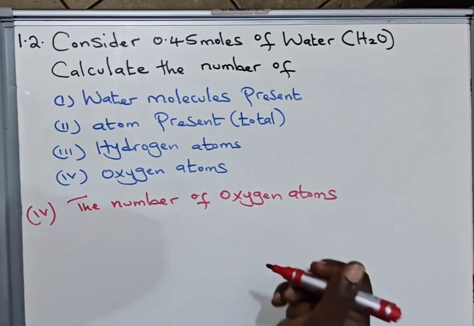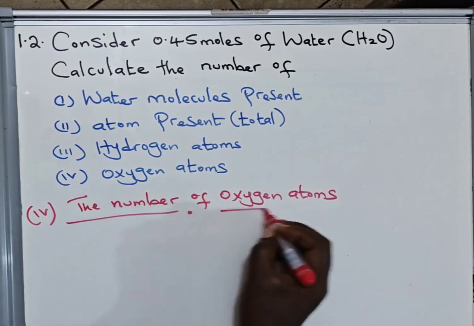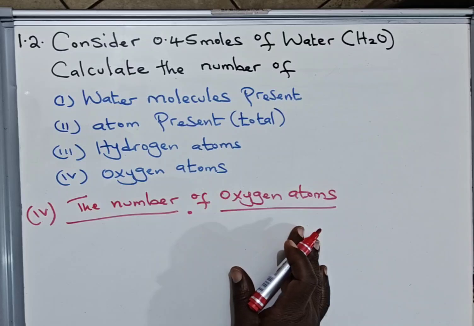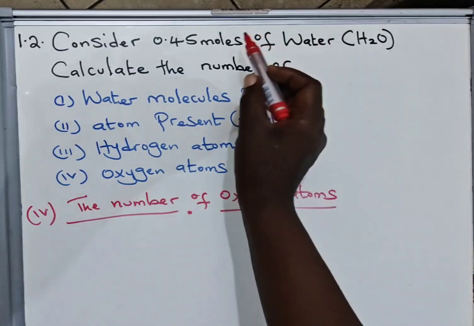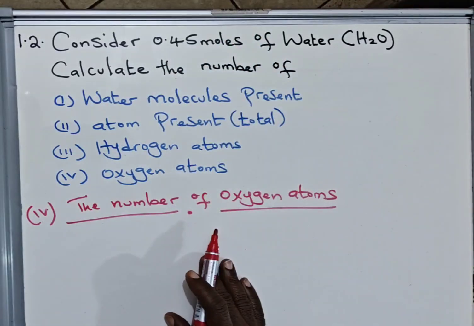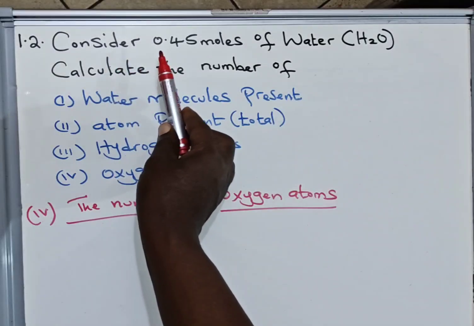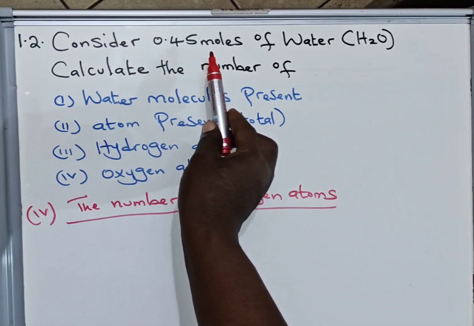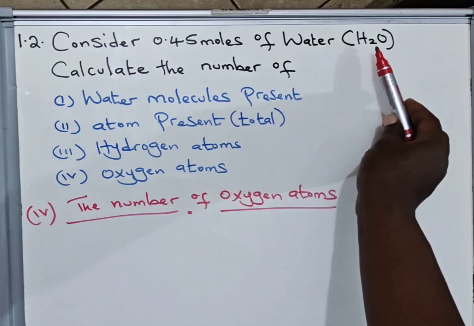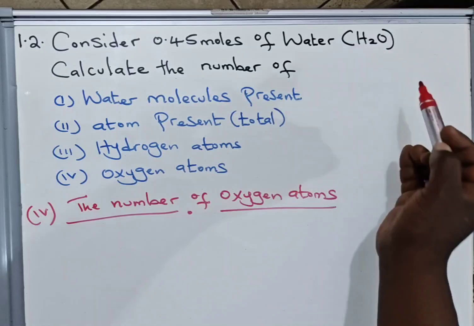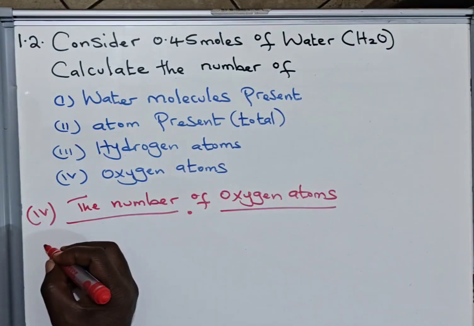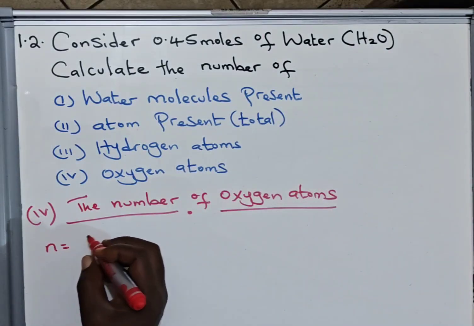Then we come to this one, calculating the number of oxygen atoms. Remember we have 0.45 moles of water. Water is molecular, so you apply our equation.